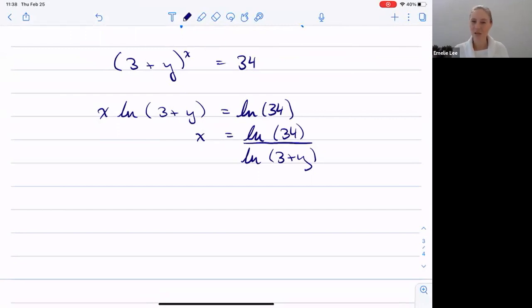Now, it might be tempting, but we actually can't simplify this any further. How come? Well, one, we don't know y. We don't know the variable y, so that's kind of a hiccup. But also, we only have laws for simplifying two logs being added or subtracted, right?